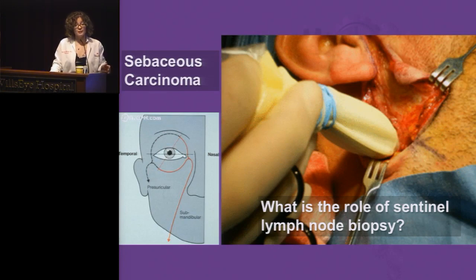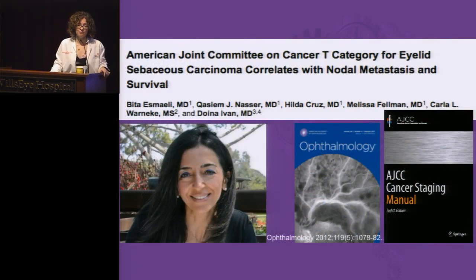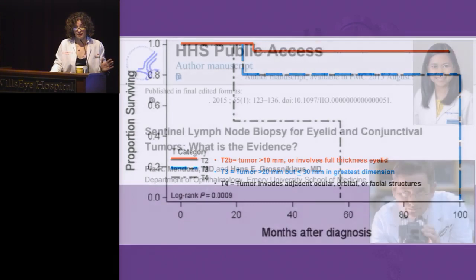And this now brings the point of sentinel lymph node biopsy. So that's a controversial topic. In some centers, like MD Anderson, that's a pretty routine procedure for advanced sebaceous carcinomas. And there has been some work, again, from MD Anderson group showing the value of sentinel lymph node biopsy for these tumors from the standpoint of prognostication, okay?